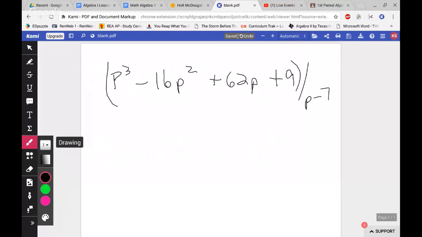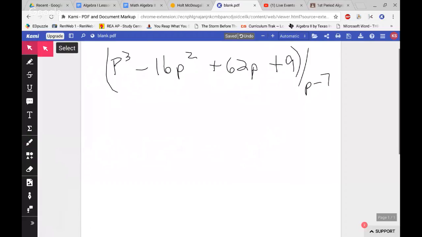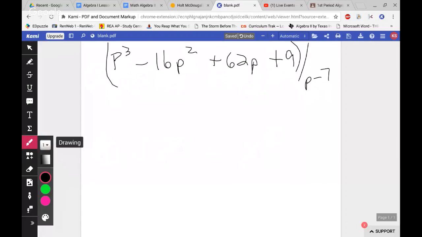All right. So I'm going to give myself a little tiny space here. What you would do with synthetic division is take the opposite of this, so the opposite of -7 is +7. Then you draw your synthetic division sign and take the coefficient of each term in the polynomial expression, bearing in mind if we need a placeholder.